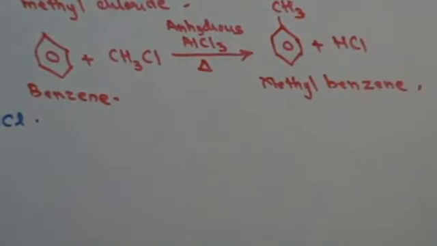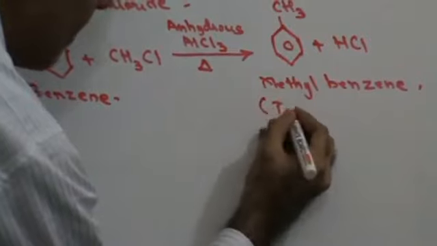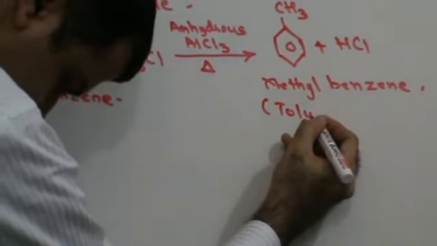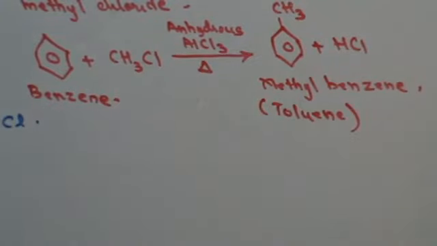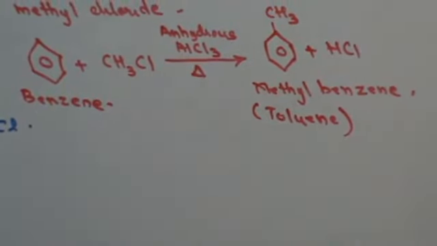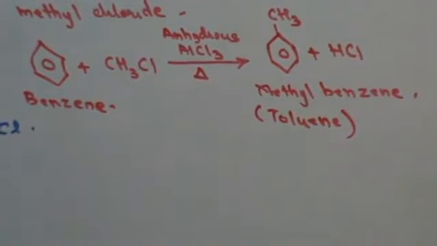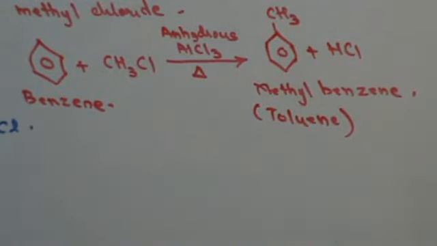Methyl benzene is also called as toluene. Fine, do we get this in clear? So when you have an alkyl halide reacting with benzene in the presence of aluminium chloride, you have alkylation of benzene taking place, to give you an alkyl compound of benzene.